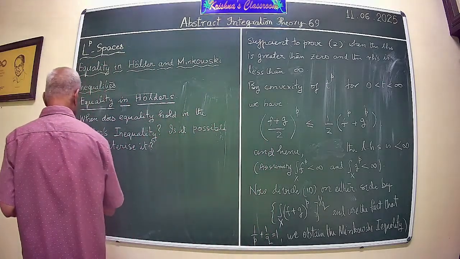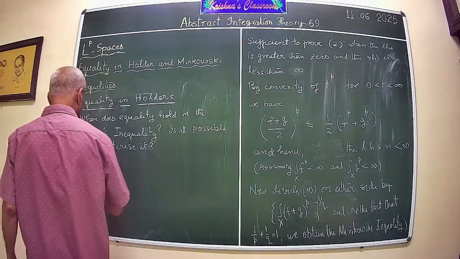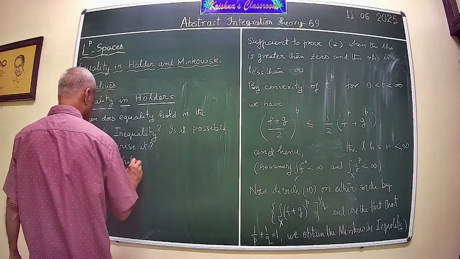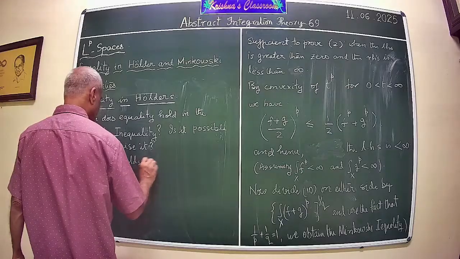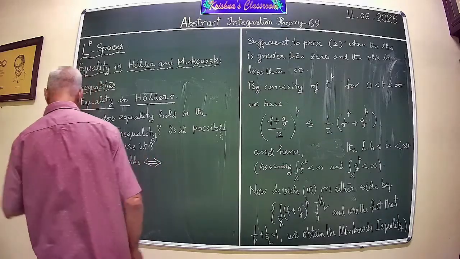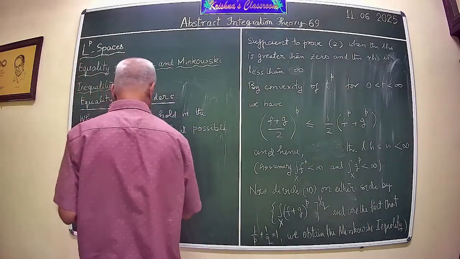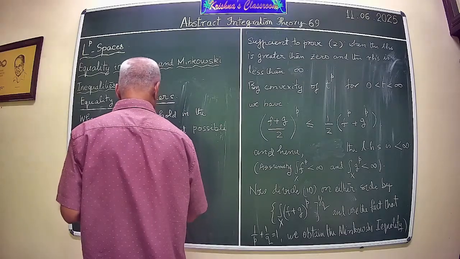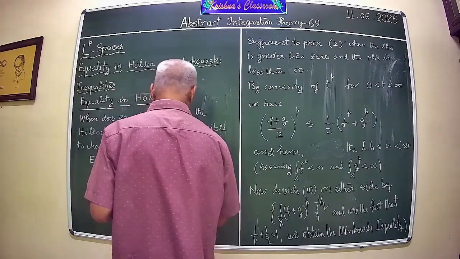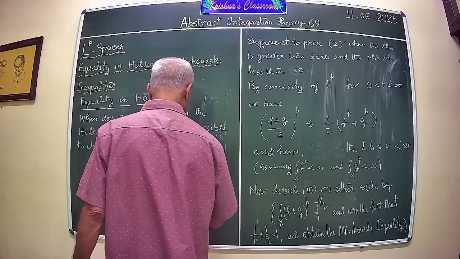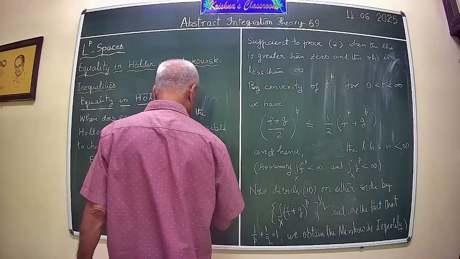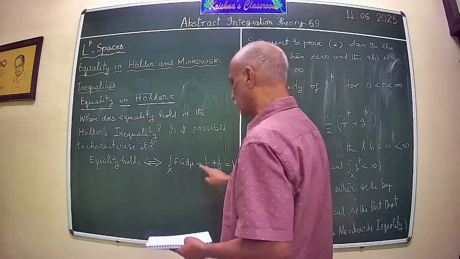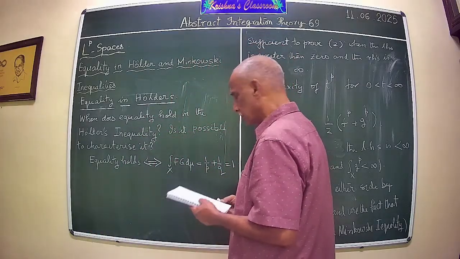Equality holds if and only if the expression is equal to 1 by p plus 1 by q equal to 1. That means you are using equality here. This is 7 with equality.